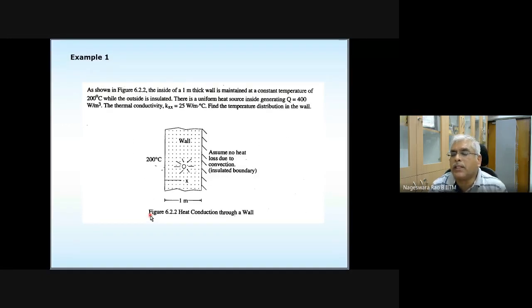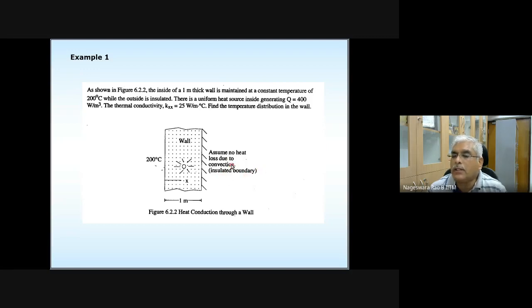A structural engineer has to solve such kind of problem. So that is what is illustrated in this example. A wall is there, the temperature on this face is 200 degrees centigrade, and assume no heat loss due to convection.